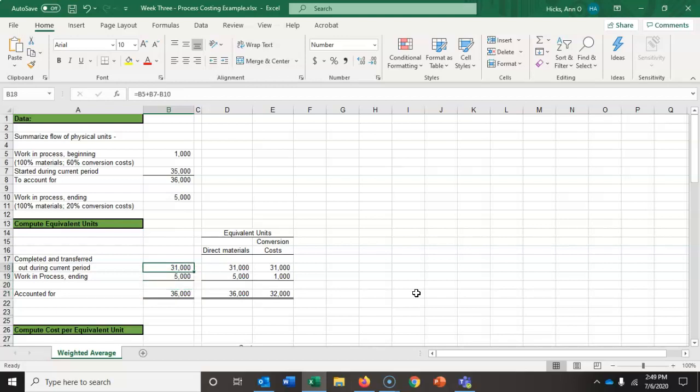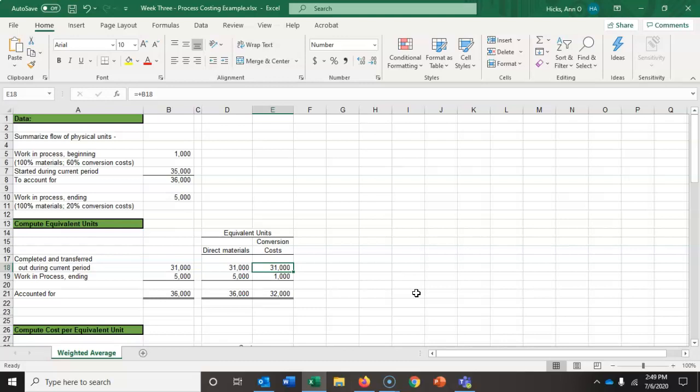Okay, so equivalent units. Now, if these 31,000 units are completed, then they are effectively 100% finished, which means for both direct materials and conversion costs, the physical units and the equivalent units will be exactly the same.